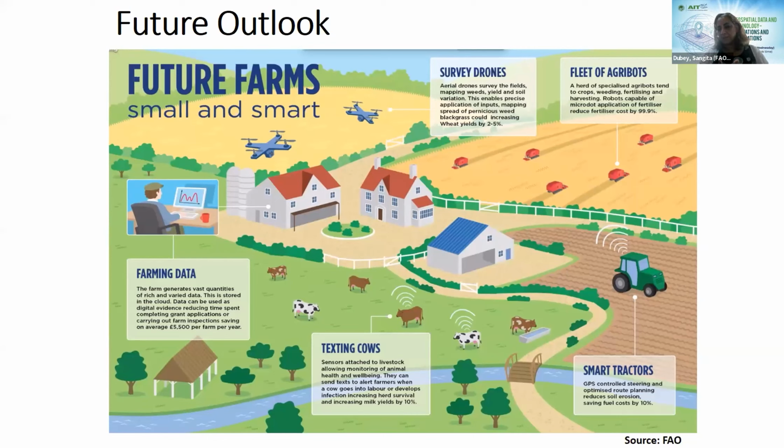So you can see some examples. The use of survey drones, which is a type of remote sensing, which also relies on links to satellite data to survey fields, map weeds, yield, soil, and so forth. We know that there are already sensors being attached to a lot of agricultural machinery, whether it is tractors or what we're calling here agrobots, whether it's drones, or whether the sensors are actually embedded in livestock themselves to monitor livestock health, gestation, pregnancies, delivery, and so forth.